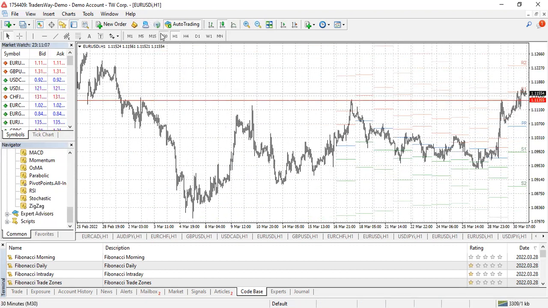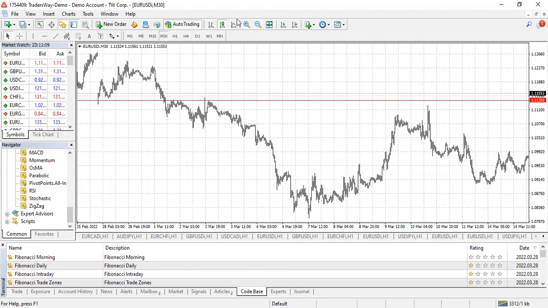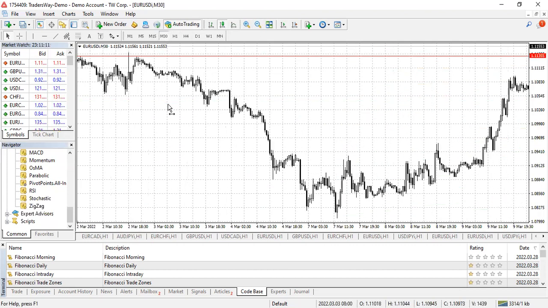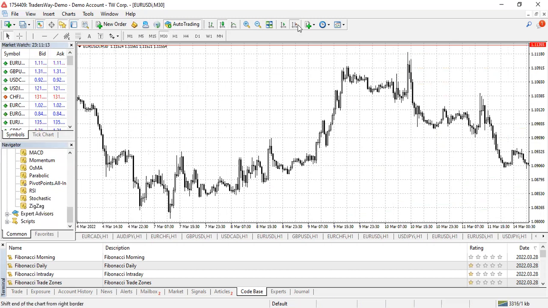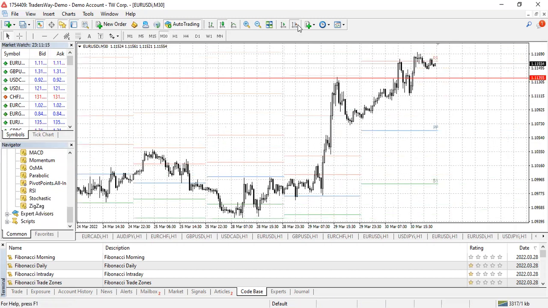Let's use a shorter time frame. I'm using the 30-minute time frame. So we have R1 here, we have PP, we have S1. Automatically, it helps us to identify, as I said earlier, our support and resistance level.